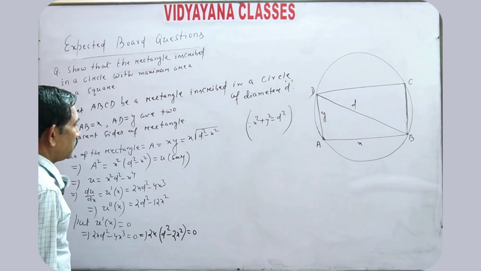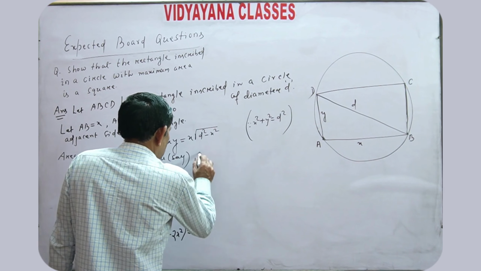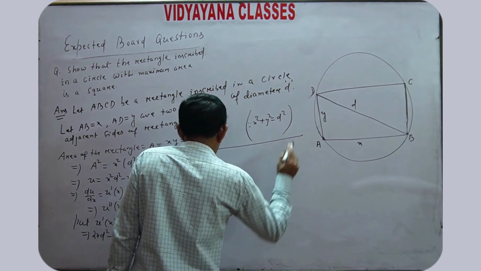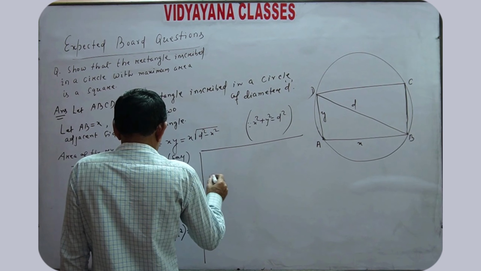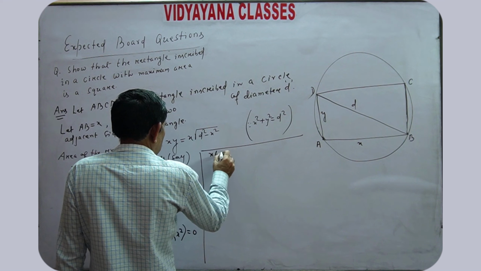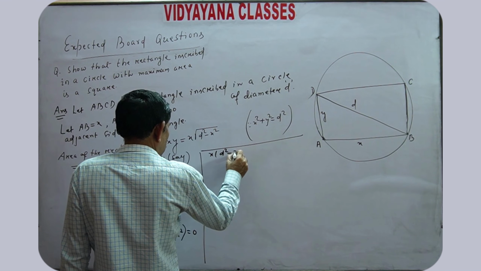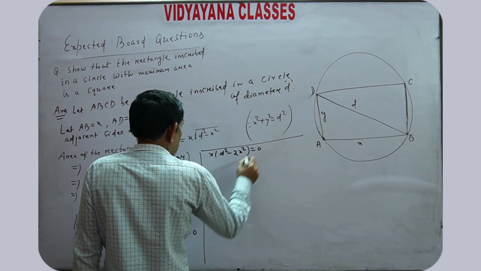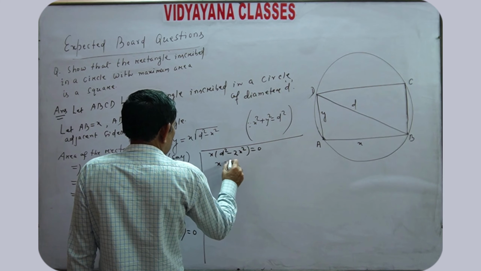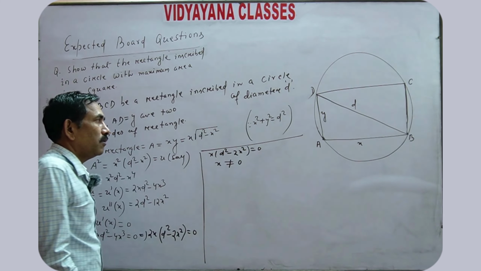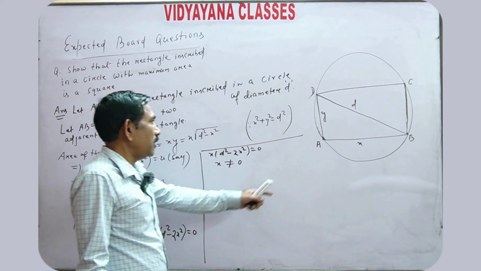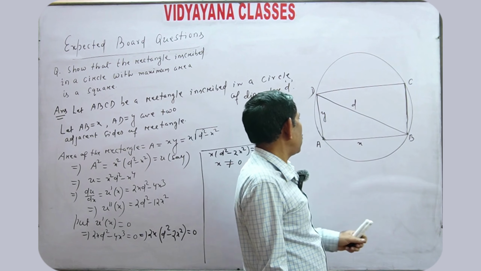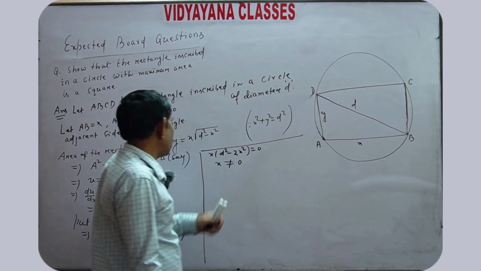Clear? x into D square minus 2x square is equal to 0. x not equal to 0. Why? x is the length of the rectangle. So x not equal to 0.